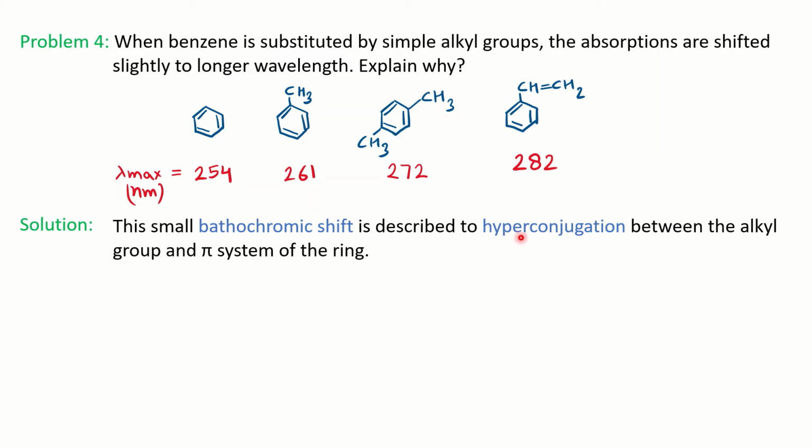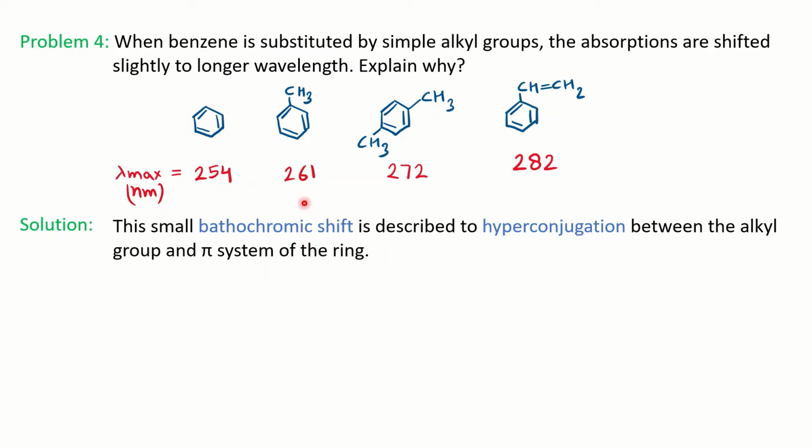The effect is less than resonance, because in resonance the pi bonds are involved, which are loosely bonded and easily donate their electrons, so it is a stronger, faster process as compared to the sigma bond. The effect is weak, therefore the small bathochromic shift you are seeing here, but it does show the bathochromic shift.